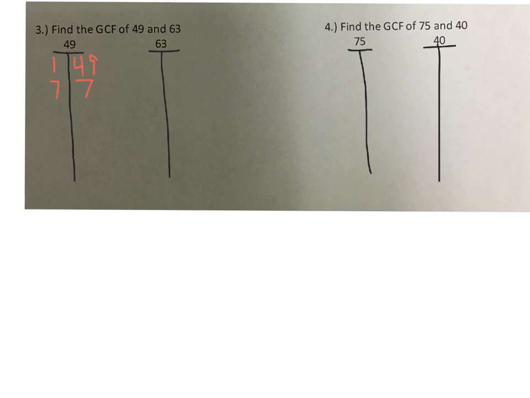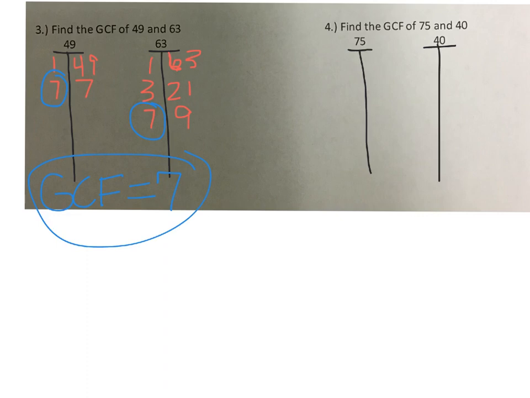Now let's check our factors for 63. We have 1 and 63. We have 3 and 21. And we have 7 and 9. So in this case, our greatest common factor should be the number 7. So GCF is the number 7 for number 3.